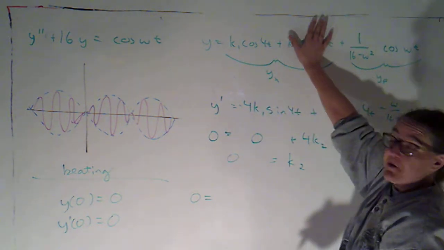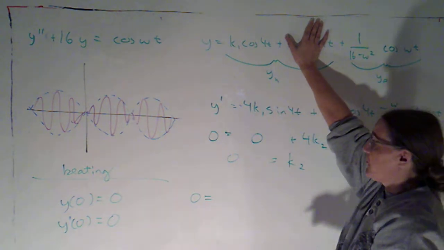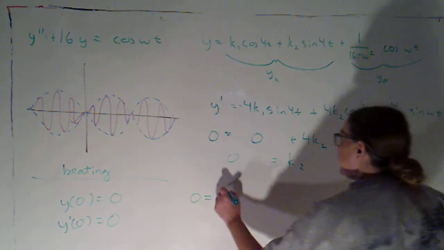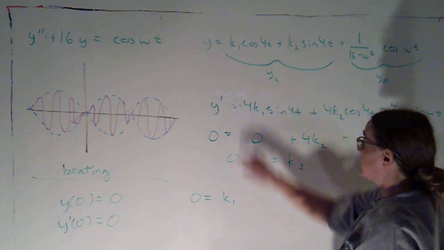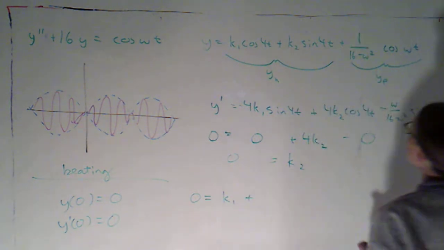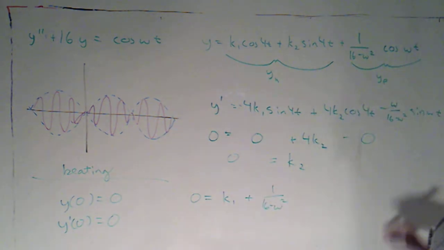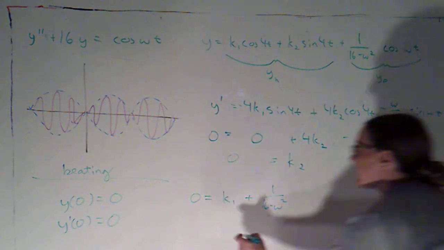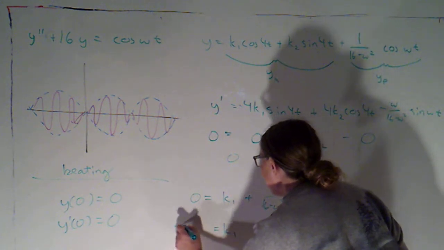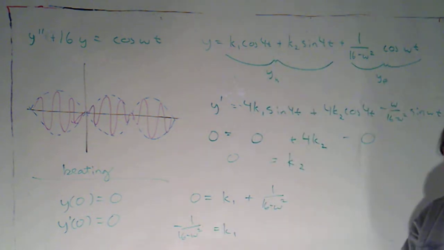I'm not going to bother plugging into the K2 term because K2 is 0. So 0 would equal K1 copies of cosine of 0, which is just 1, so this is just K1, plus 1 over (16 minus omega squared) times cosine of 0, which would be 1. That tells me that K1 is negative 1 over (16 minus omega squared). That's kind of nice.